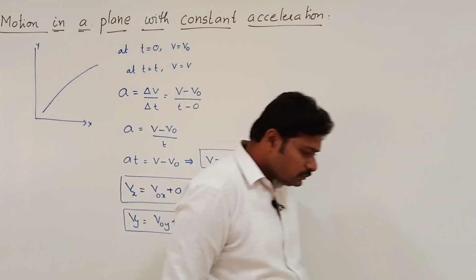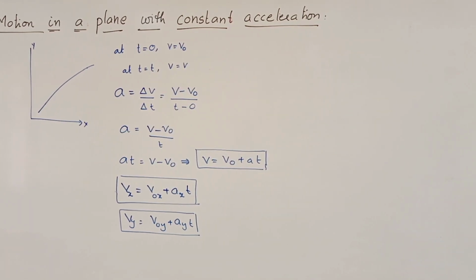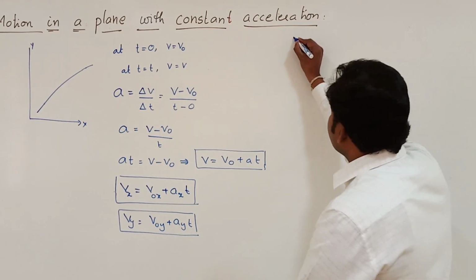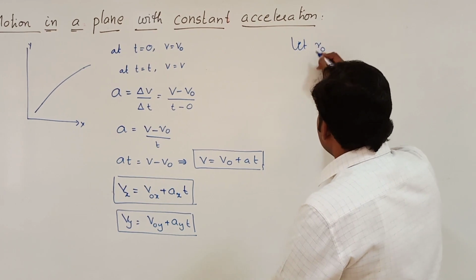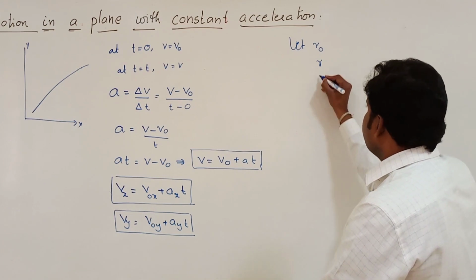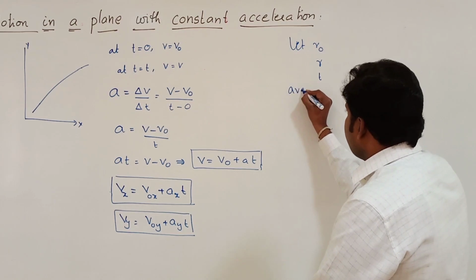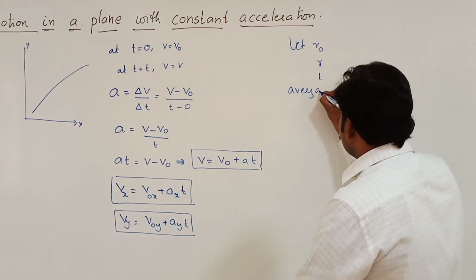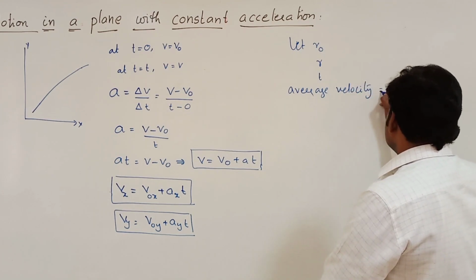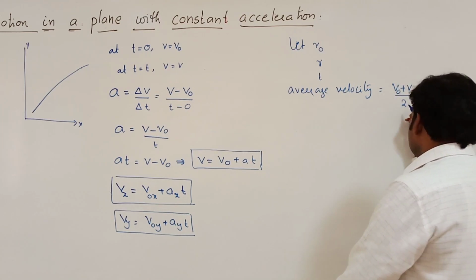Similarly, how do we write the position of a body which is moving in the plane? Suppose r naught is the initial position and r is the final position at time t. Now the average velocity is equal to initial velocity plus final velocity by 2.